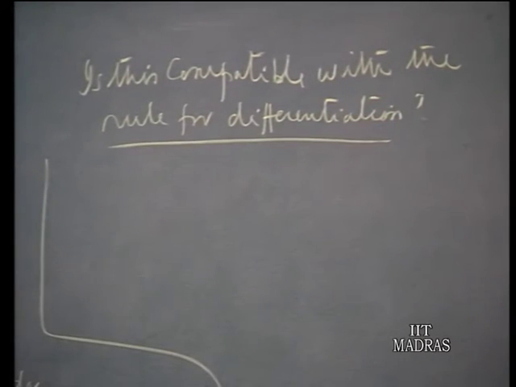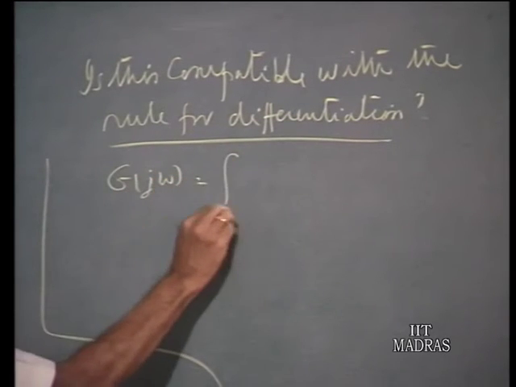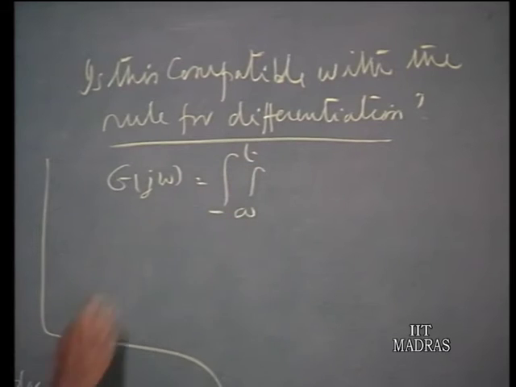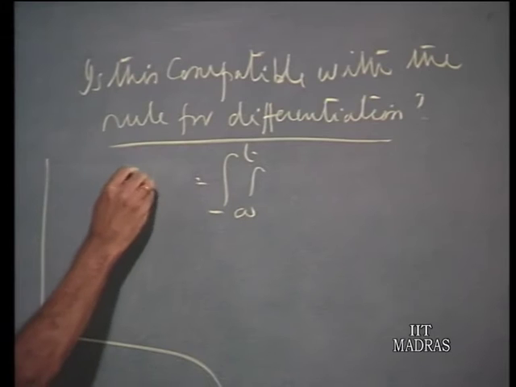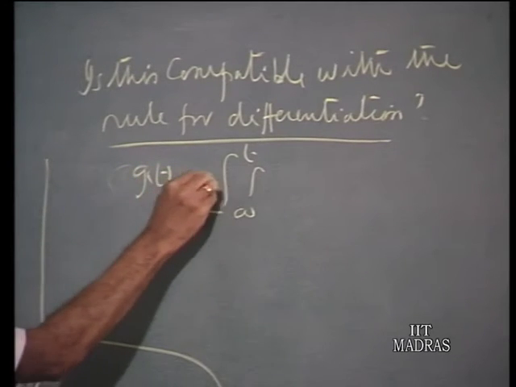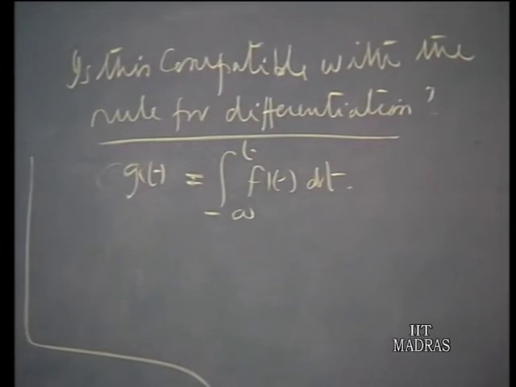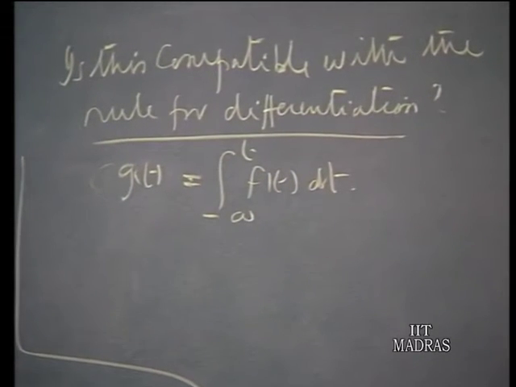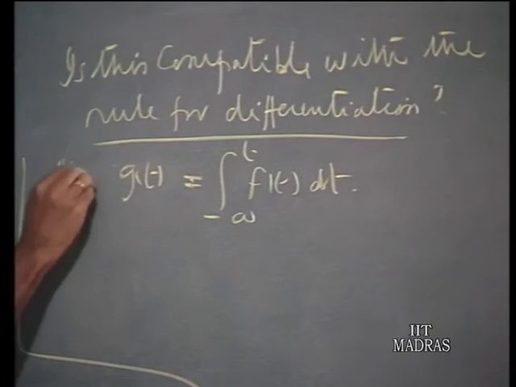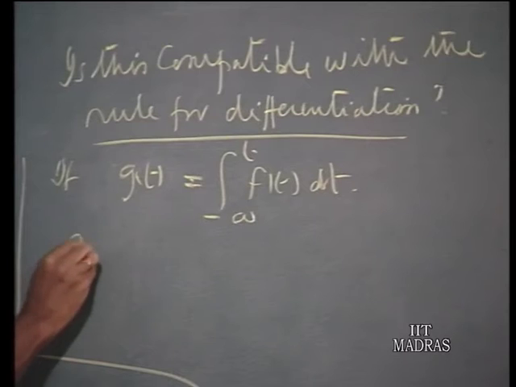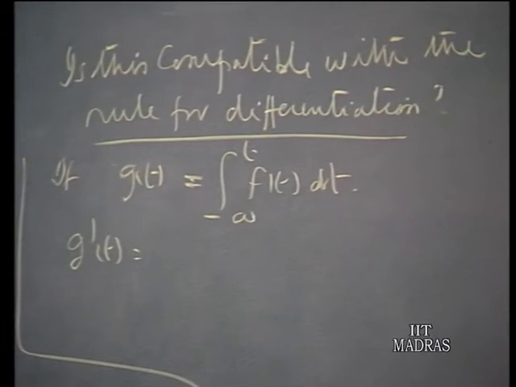What we are saying is, suppose I define g of t as the integral from minus infinity to t of f of t dt. Then we know the derivative of g of t with reference to t is f of t.